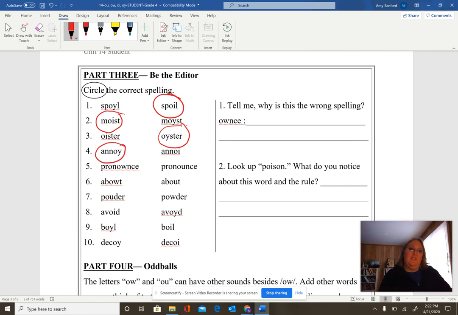Okay, so I'm going to let you finish 5, 6, 7, 8, 9, and 10, but I am going to come over here to where it says number 1. Tell me why this is the wrong spelling. O-W-N-C-E. This Y is really important. So ounce, O-U-N-C-E, has one syllable.